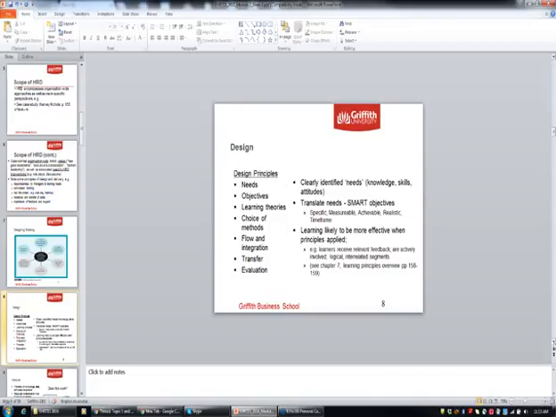And some of the principles are, learners who receive relevant feedback are more responsive, and the learning experience will be much better. Learners need to be actively involved, and there are logical interrelated segments. That's what I'm saying with flow.